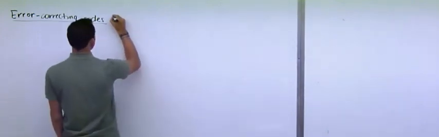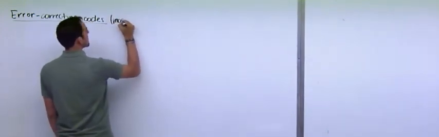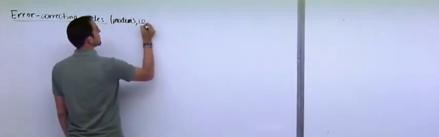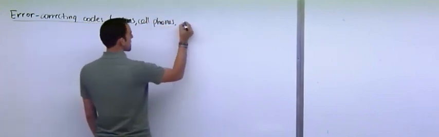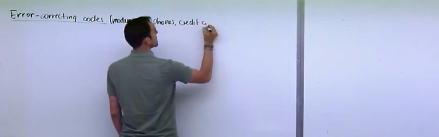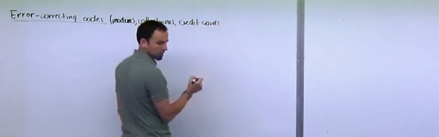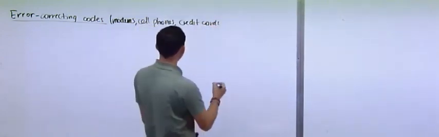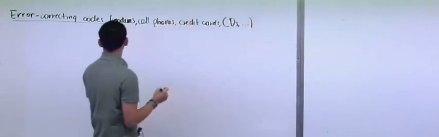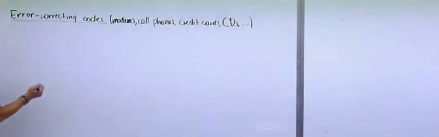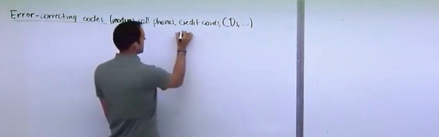So this is really applied everywhere. Modems do this. Cell phones do this. Credit cards do this. CDs do this. Let me give you a very simple example, which is the example of what credit cards do.